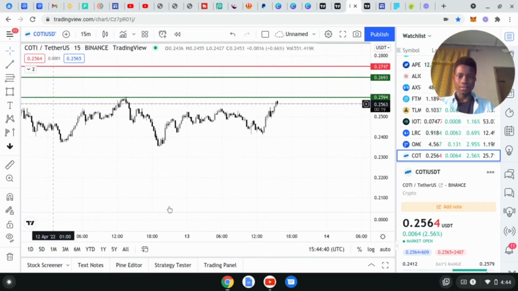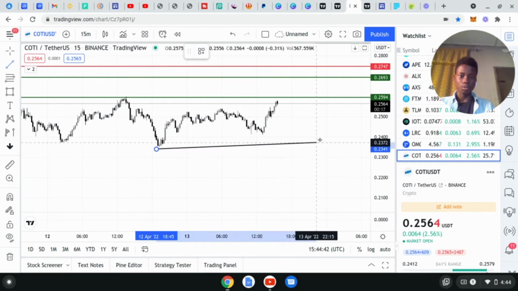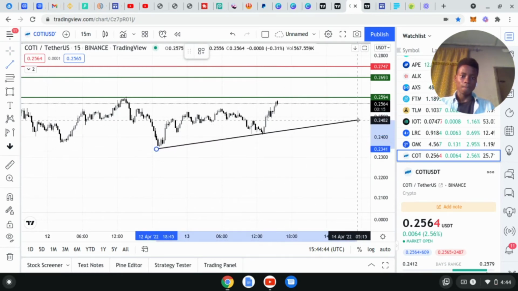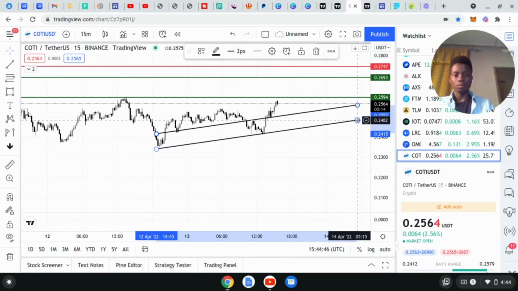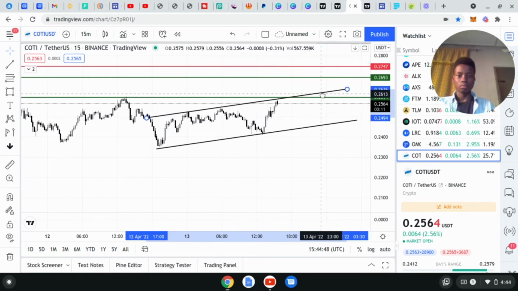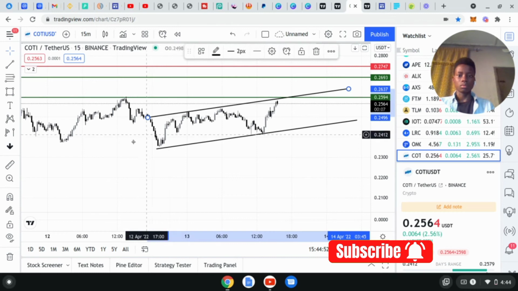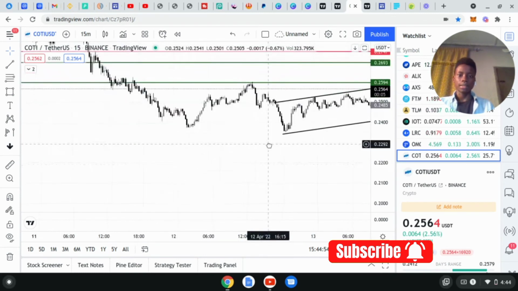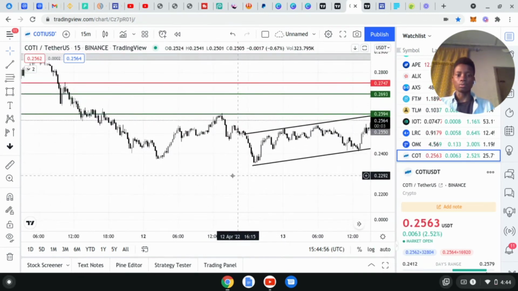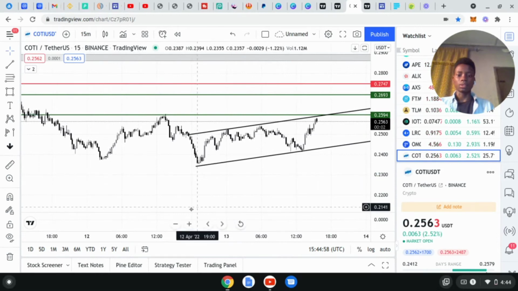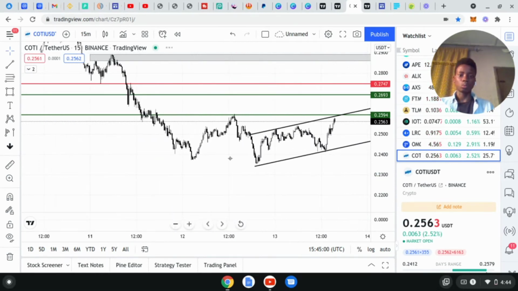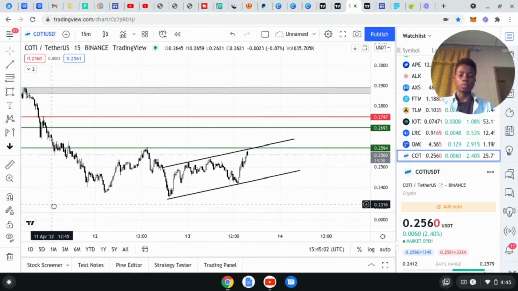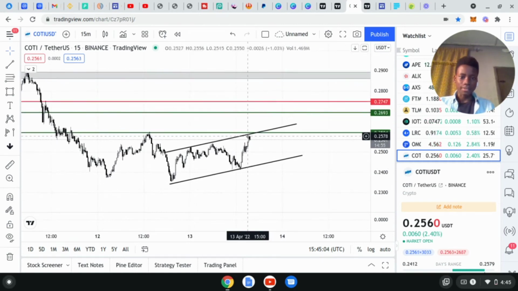As you can see on the 15 minutes time frame, there is a small uptrend channel going on. So you can still use this for confluence. Maybe if price reaches here, you can decide to sell.